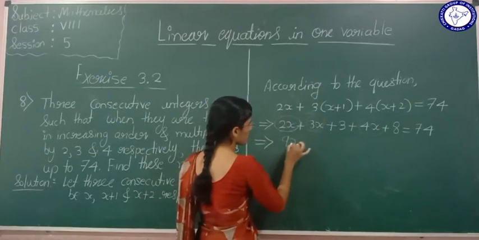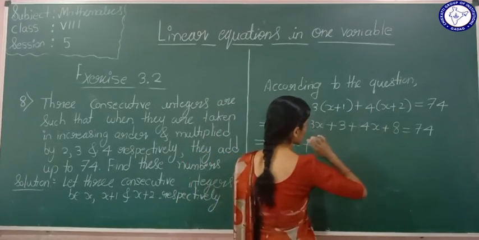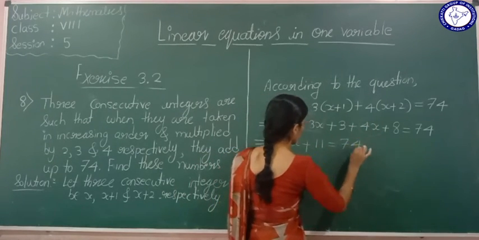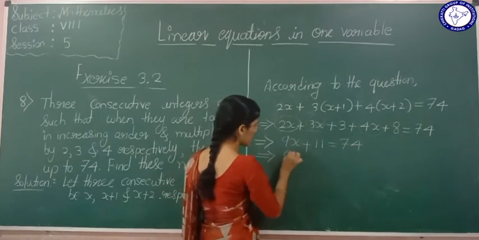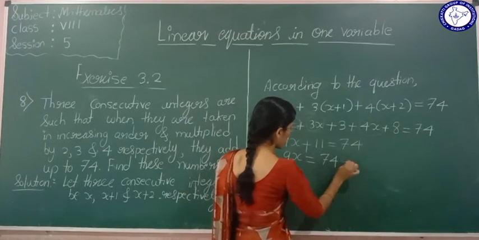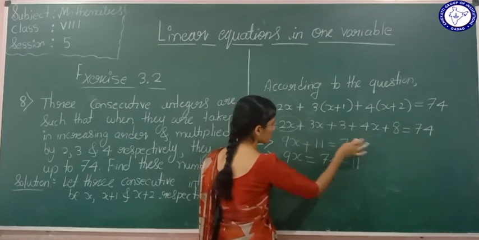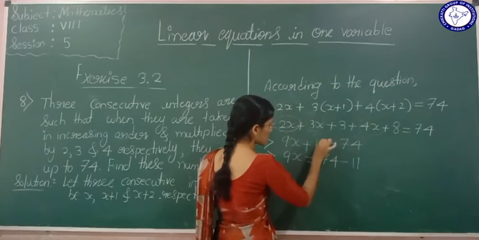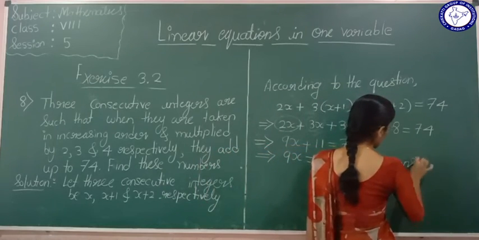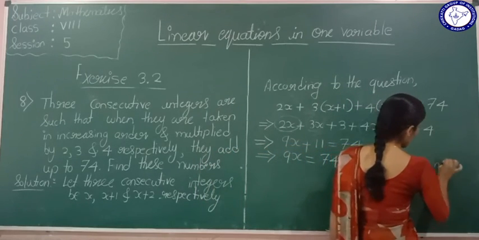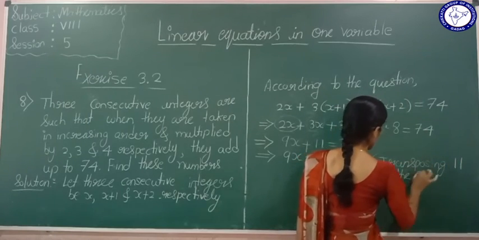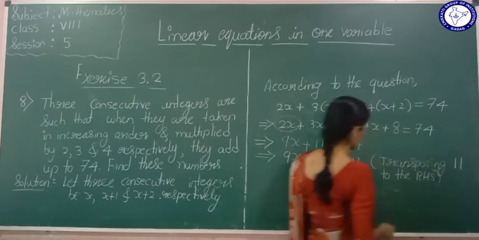It will be 9x plus, what is 8 plus 3? 11, is equal to 74. So this implies 9x is equal to 74 minus 11. What we have done here? We have transposed 11 to the RHS.